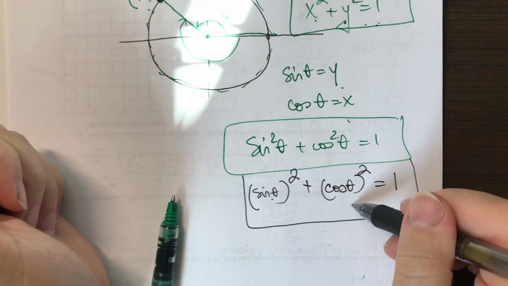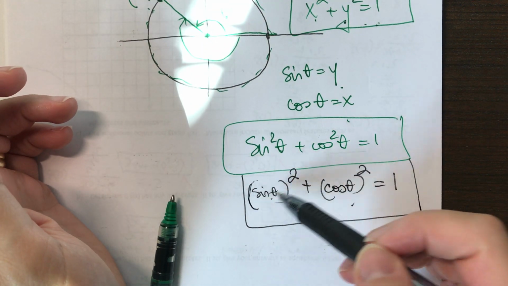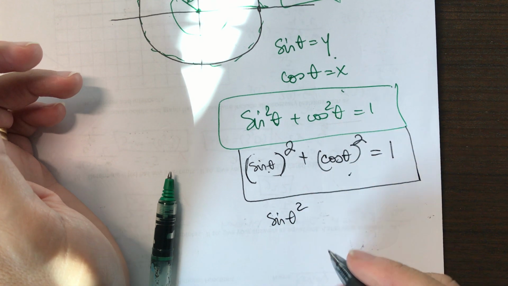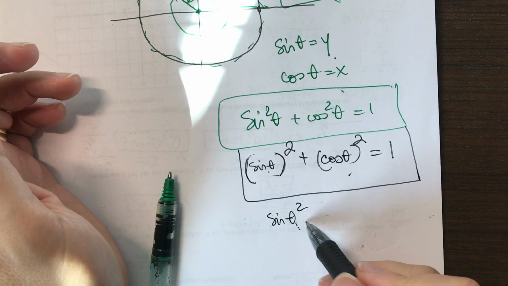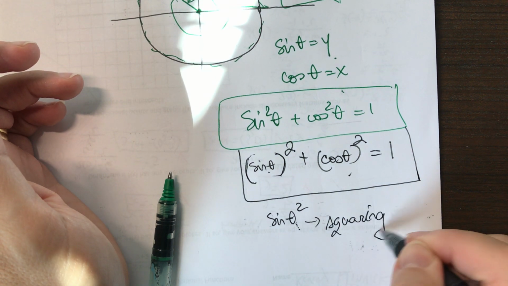But we don't want to write so much because of the parentheses, so instead of putting sine of theta, again, be careful, if I write it like this, what would you think is happening? You would think of squaring the angle, right? But not the sine value.